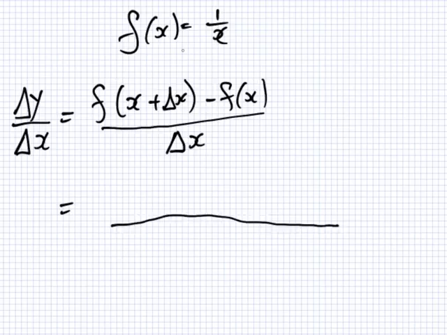What would this be? Well, f of x is 1 over x. So f of x plus delta x will be 1 over x plus delta x, minus f of x, which is 1 over x. And then here is delta x.